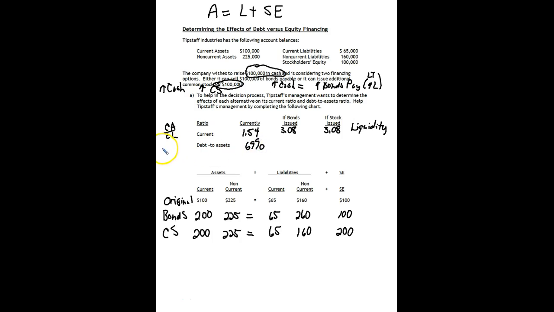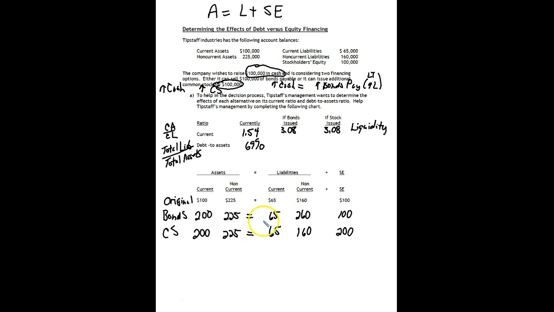Here I'm looking at total liabilities, and I'm dividing by my total assets. So again, I am taking this 225 and dividing by 325.